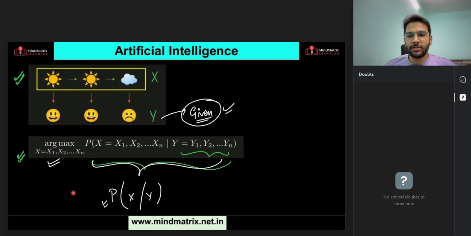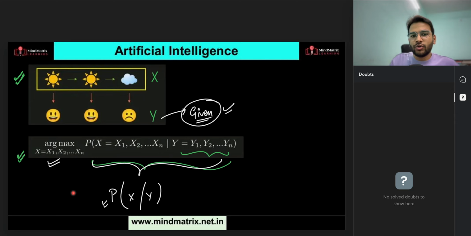Maximum likelihood estimation? Yes, similar to that, you can say. Basically, that is the same thing we are trying to find out. But estimation is not there. We are just trying to find the maximum probability that we can have. So similar to that, but not exactly.